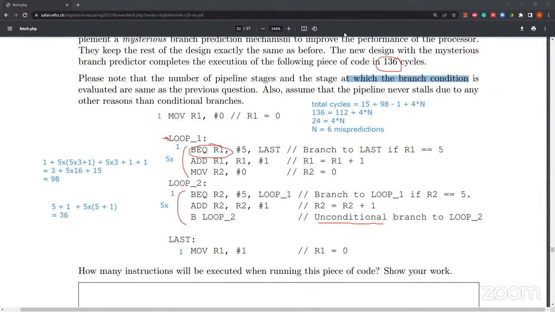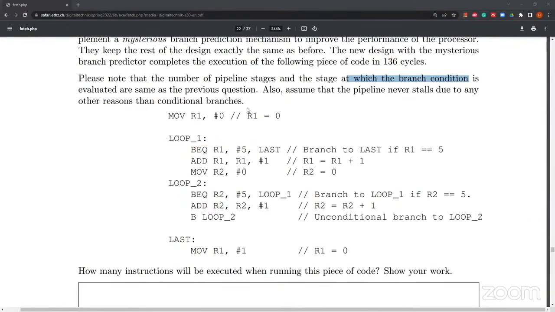Okay, I will clear all the drawings now. And let's also quickly analyze what the branch outcomes are. So for the first branch, we know that it will execute 6 times in total, right? And the first 5 times, it will be not taken.